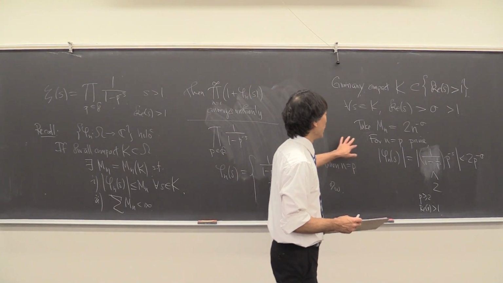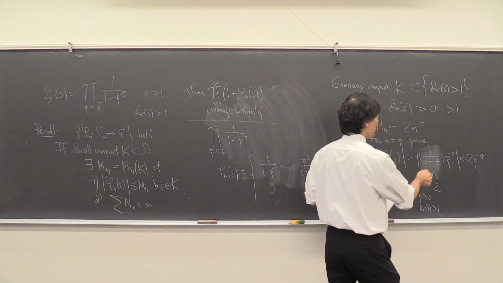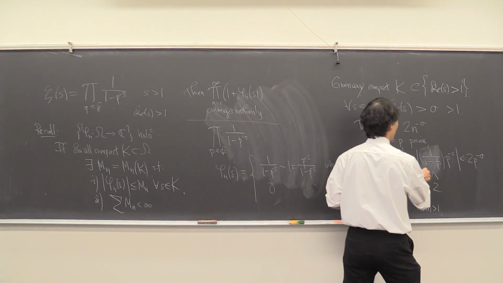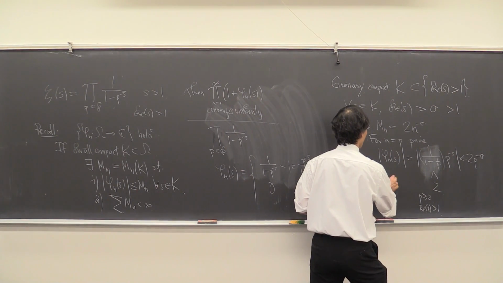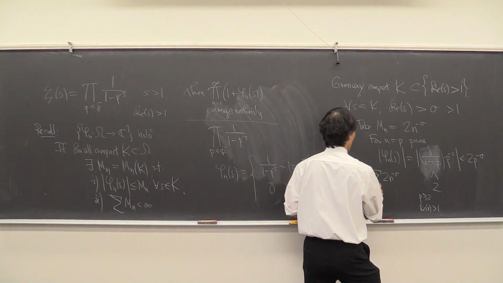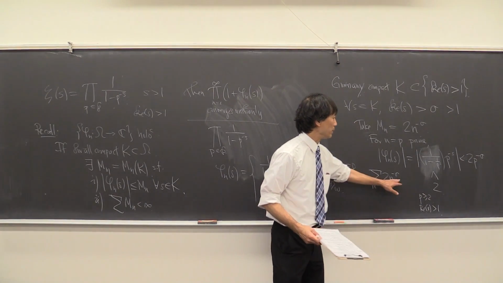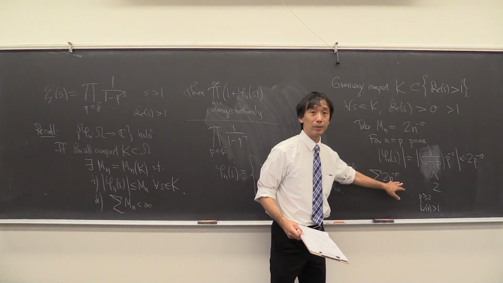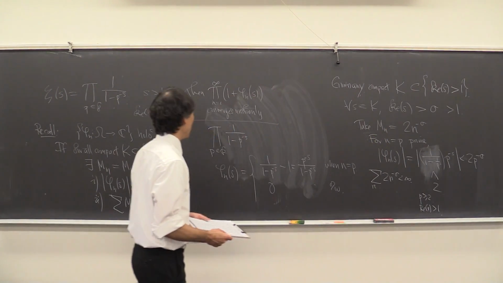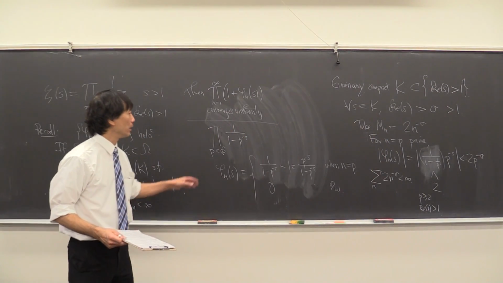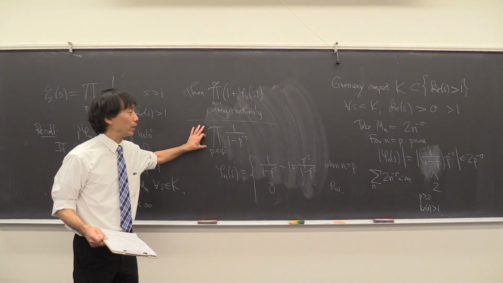Okay. So in any case, these things converge, right? So if you sum these guys over all n, because sigma is bigger than 1, this converges, right? And so the infinite product converges.